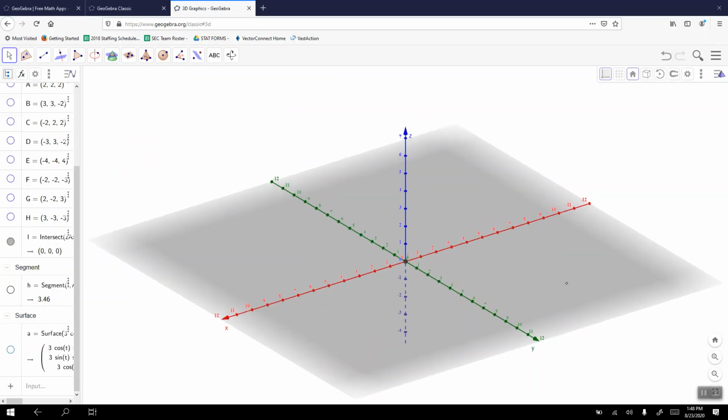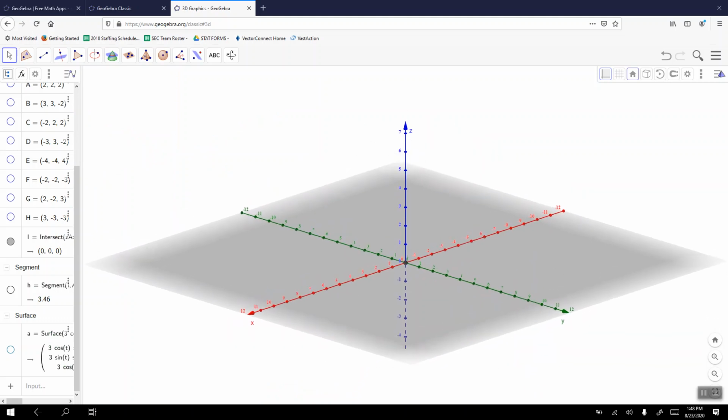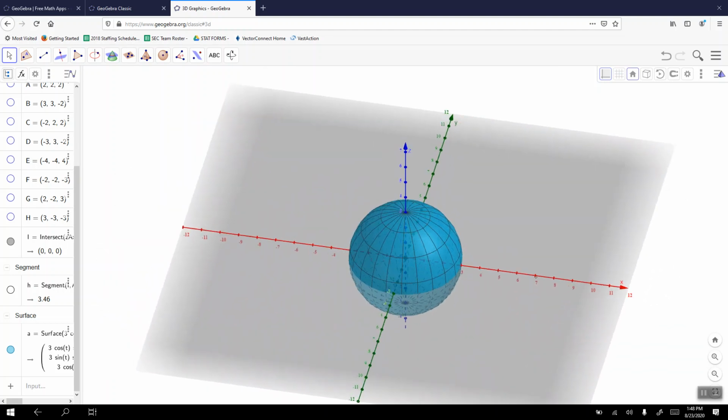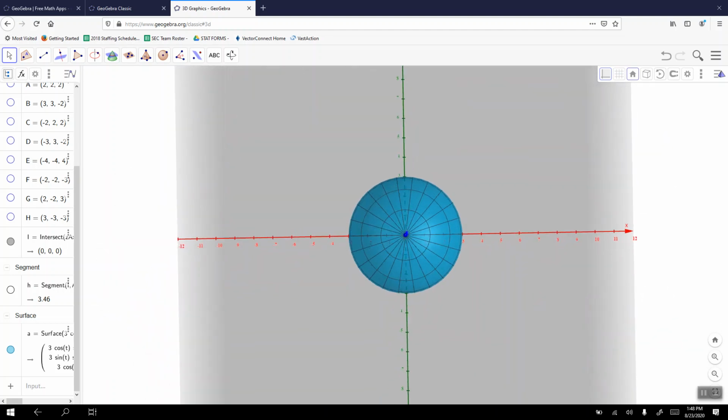So here we are on GeoGebra, and I went ahead and inserted the plane here where z is equal to 0. That way we get a certain point of reference when we start viewing these three-dimensional objects. So when we're looking at the equation of a sphere, or more specifically when we're looking at the actual sphere, a sphere looks like a circle if you're looking at this from above, which means we're only looking at this on the X and Y coordinate system.